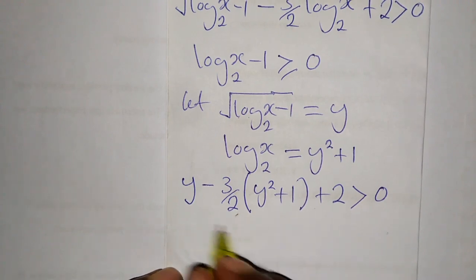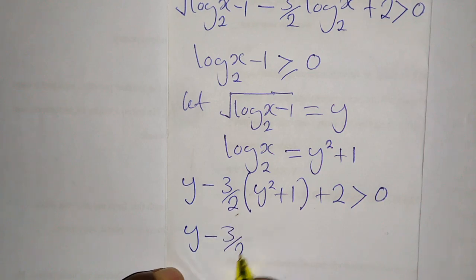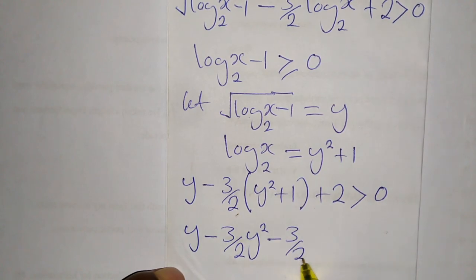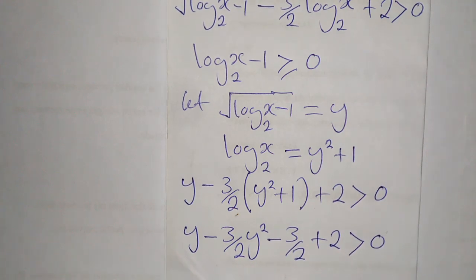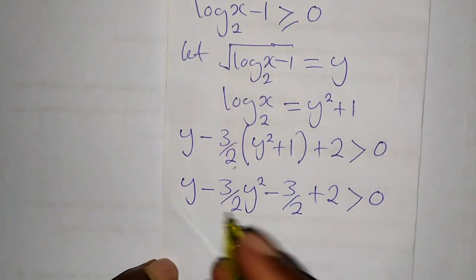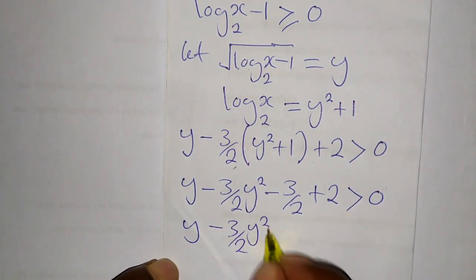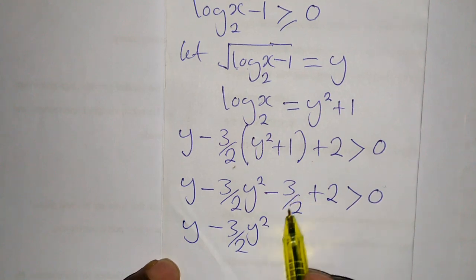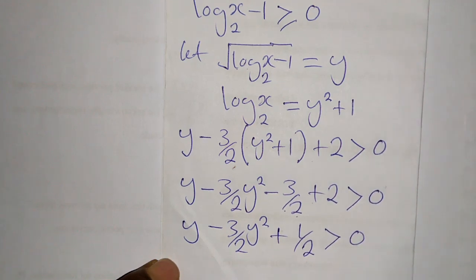If we expand this bracket, we are going to have y minus 3 divided by 2 y squared minus 3 divided by 2 plus 2 greater than 0. Now we have y minus 3 divided by 2 y squared, and minus 3 divided by 2 plus 2, we are going to have 1 over 2 greater than 0.